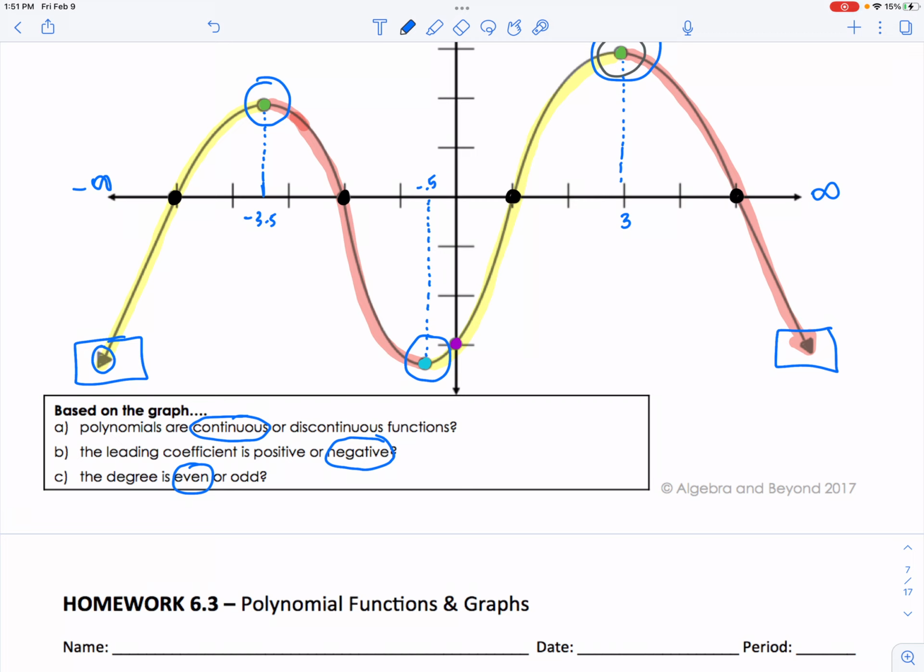Again, based on the graph, we know that we have a continuous function. Notice how there are no holes, no gaps. If we look at the end behaviors, they go down in both directions. So we know for sure, since they're going down, it's negative, and because they're both going down, it's even.